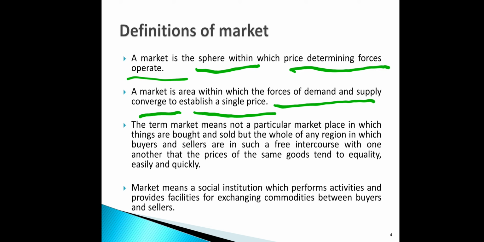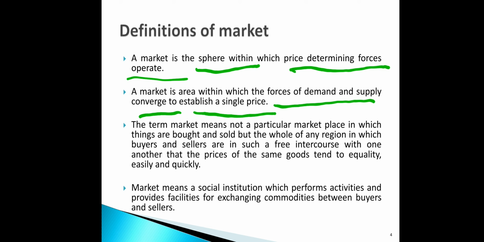So the price depends on the availability of the product, or we can say the supply of the product, and the demand for the product. And where these two intersect, that will be the price. They reach equilibrium, and they can determine the price for that product. So that is the second definition.